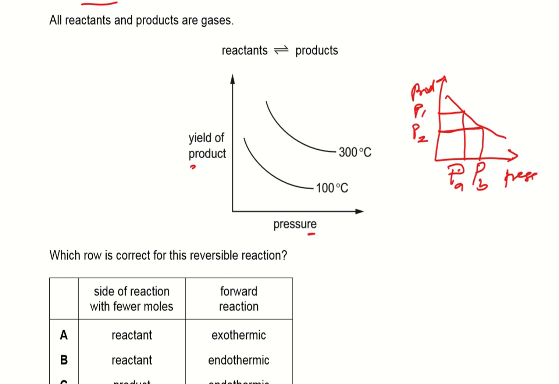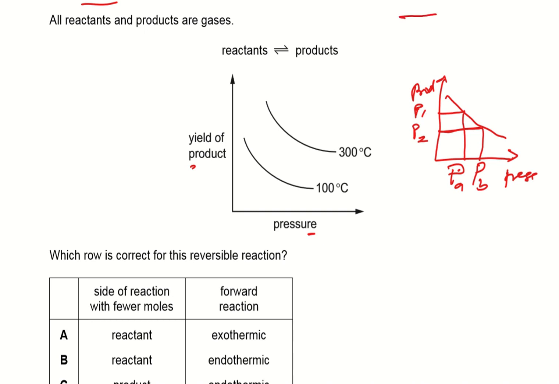So what's the implication of that? In a reversible reaction at equilibrium, if an increase in pressure reduces the product, then an increase in pressure always favors the side with fewer moles.